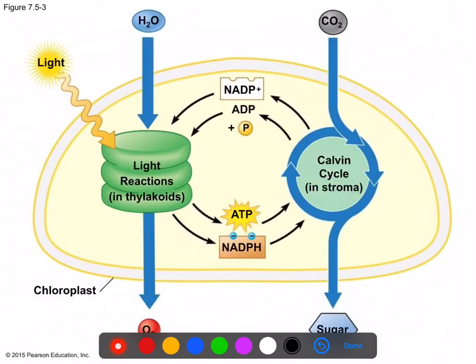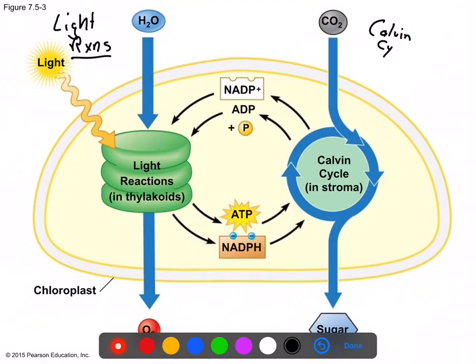So if we put together those two blank slides where I discuss the two flashcards I want you to create, the light reactions and the Calvin cycle, and then we include the diagram of the chloroplast, that brings us to this, right? So over here are the light reactions.